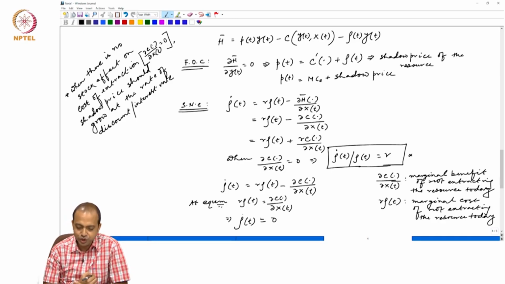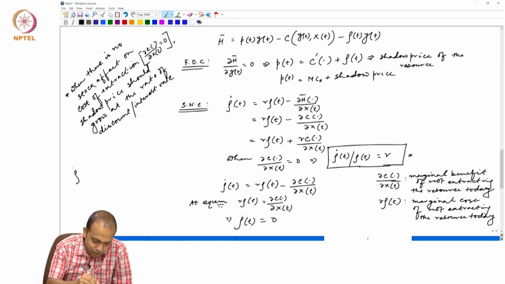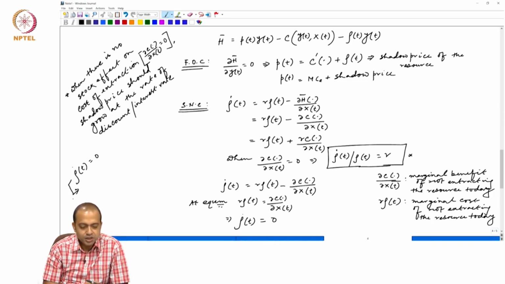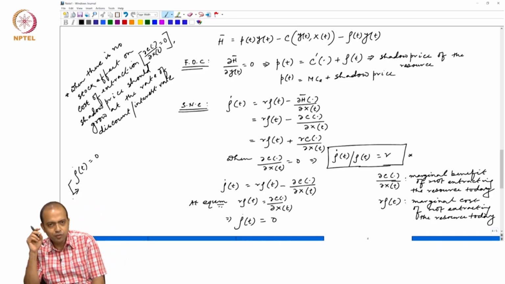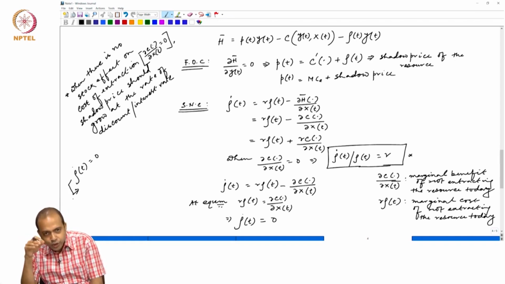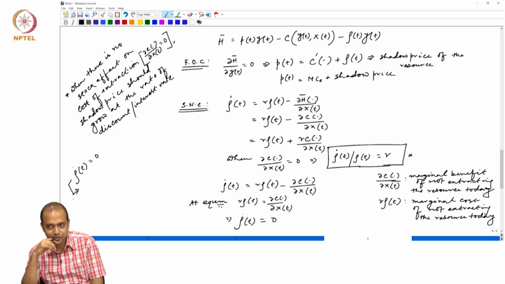Now, what is rho dot t? When I say rho dot t equals 0, what is the meaning of this? We can think of rho dot t as the change in price. Borrowing from the finance literature, rho dot t is basically capital gain.